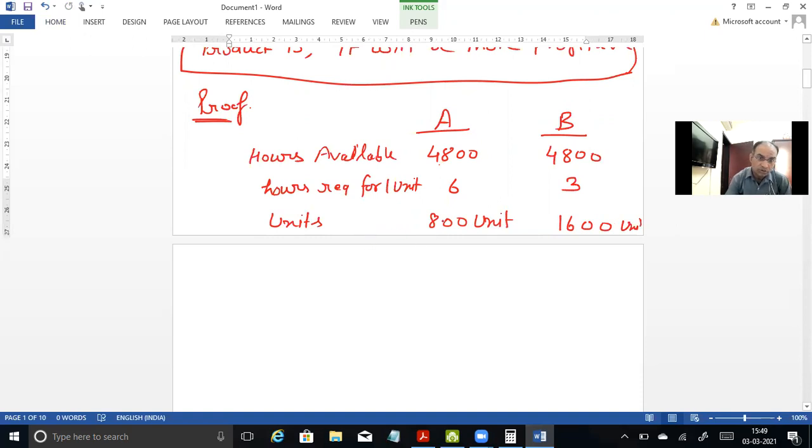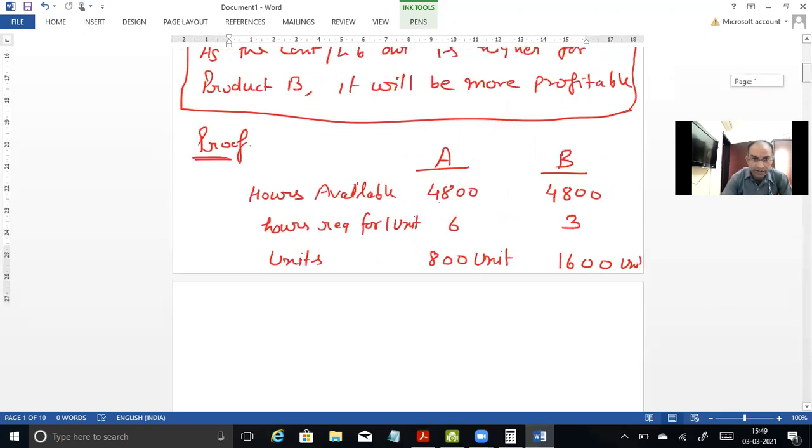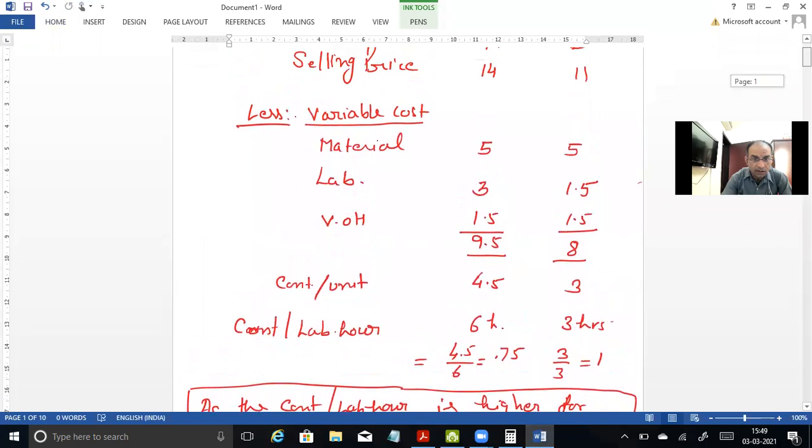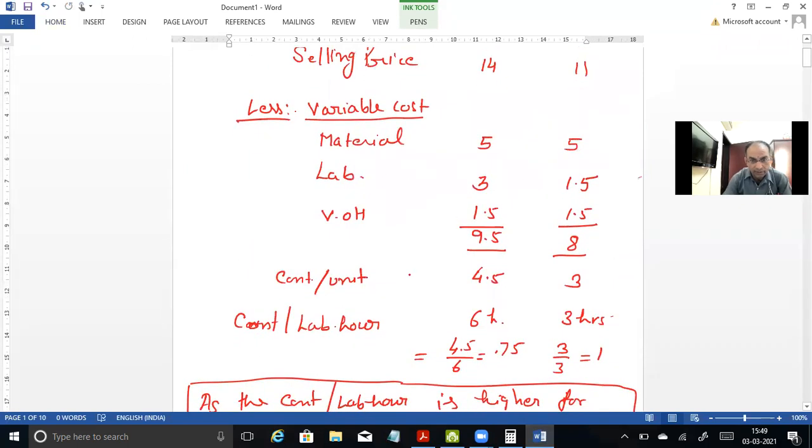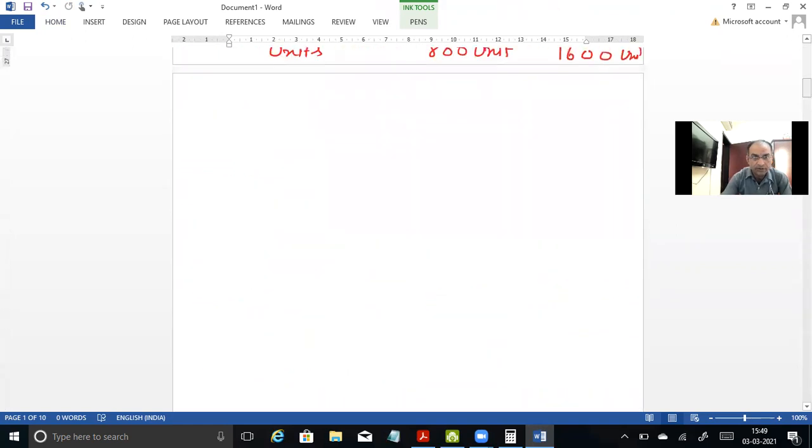So if we produce product A, then in case of product A, how much contribution are we getting? Contribution per unit was 4.5. But we have to prepare the full marginal statement. We cannot start here directly with contribution because fixed cost is also there. So 800 units of A and 1,600 units of B.